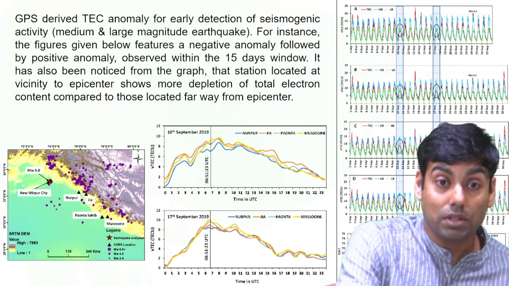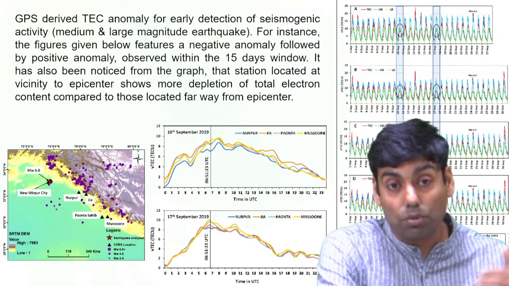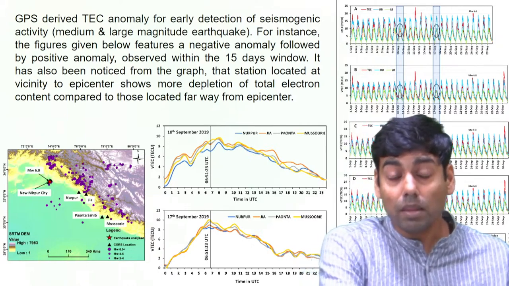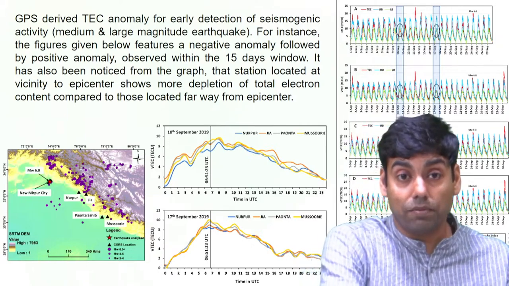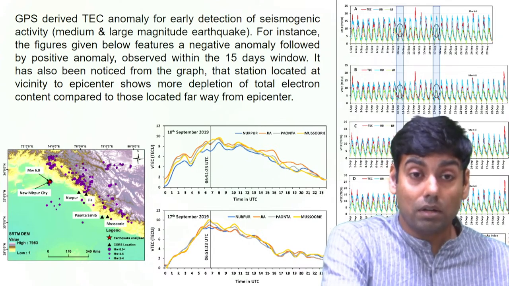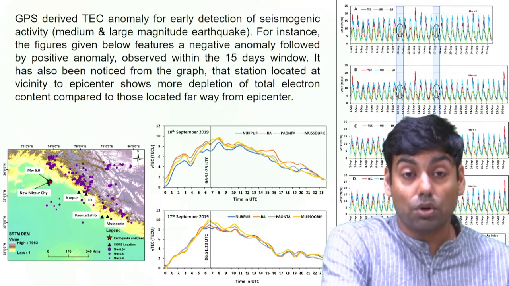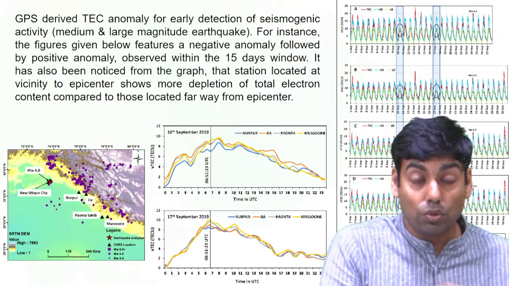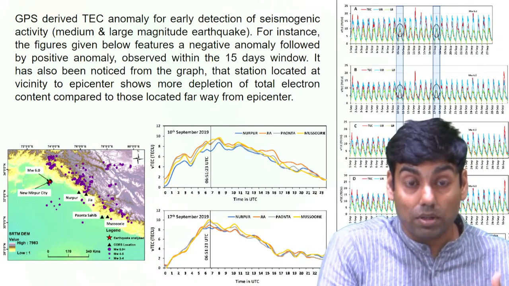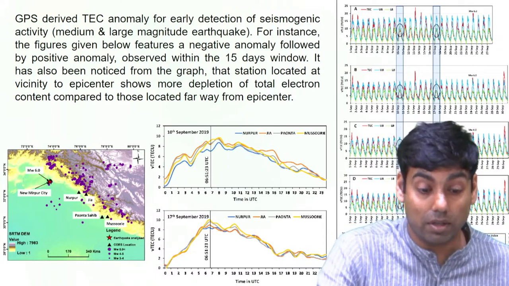During the depletion, when the GPS signal is transmitting through the region, it comes a little bit faster than in the presence of the total electron content. Due to this difference, we are able to see the change in the total electron content.